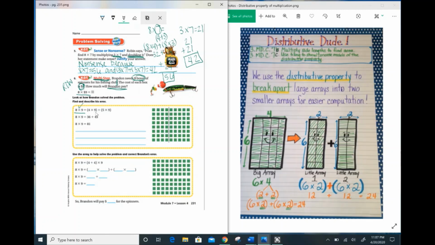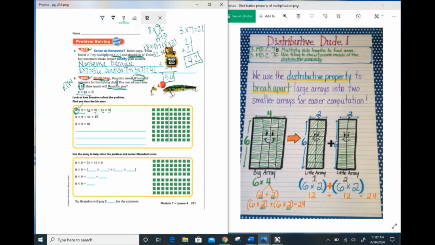Because the 9's right here, so he must have done the 8. So let's see if these two numbers can be added up to 8. So I know 4 plus 5 is 9. So I think that's what his mistake was.